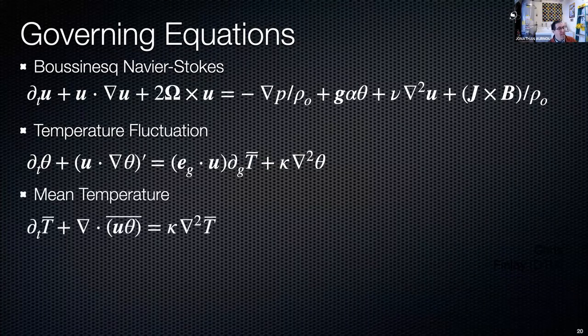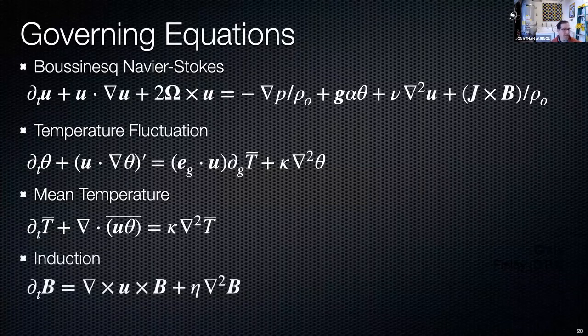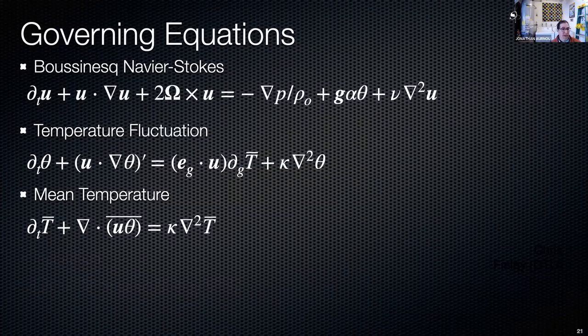And T bar is the horizontally averaged temperature field, so that's the mean temperature profile. And then we have the induction equation. Now, I mentioned that we're going to throw out magnetic fields for today and just worry about the rotating dynamics. So there we are, a much simpler system.